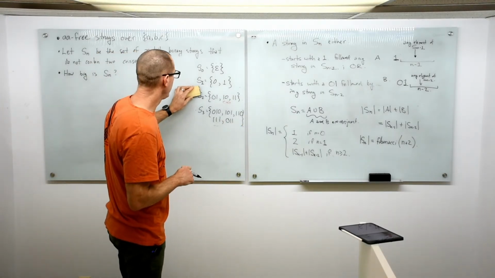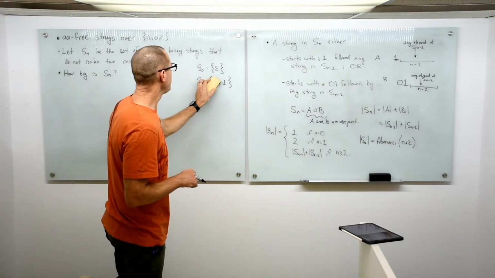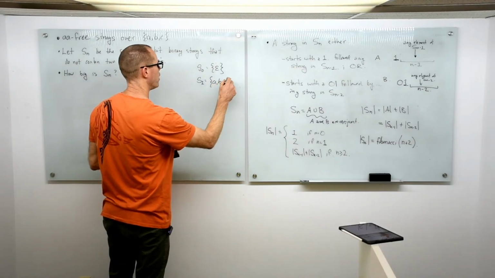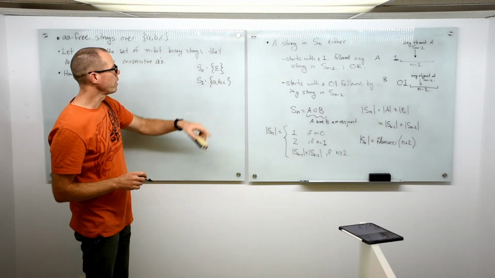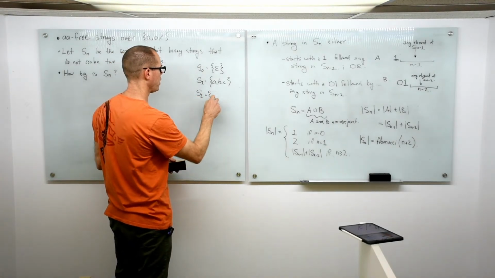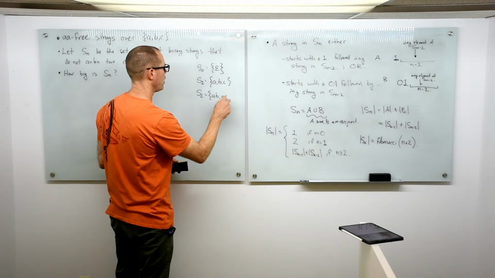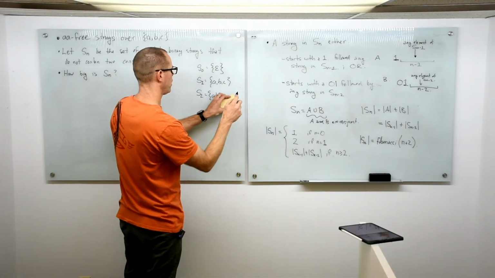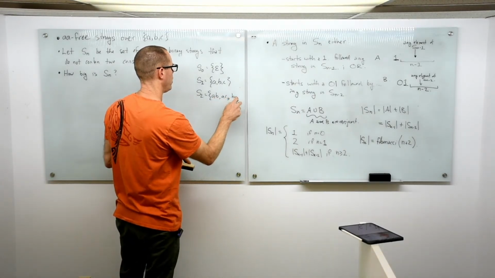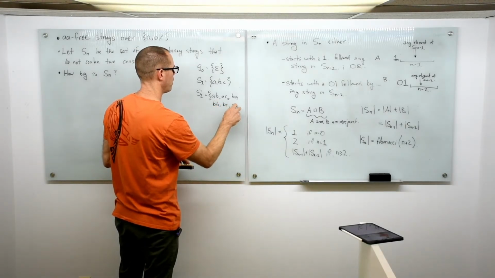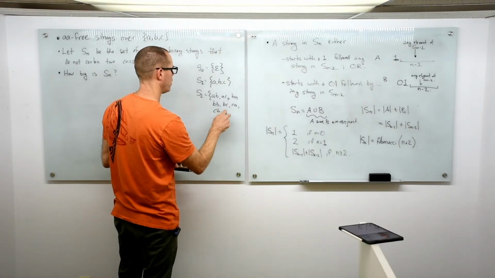S of 0 is just the empty string. S of 1 is A, B, C, and has 3 strings in it. These are the 3 strings of length 1. S of 2 has lots of strings in it. It has AB, it has AC, BA, BB, BC, CA, CB, CC.